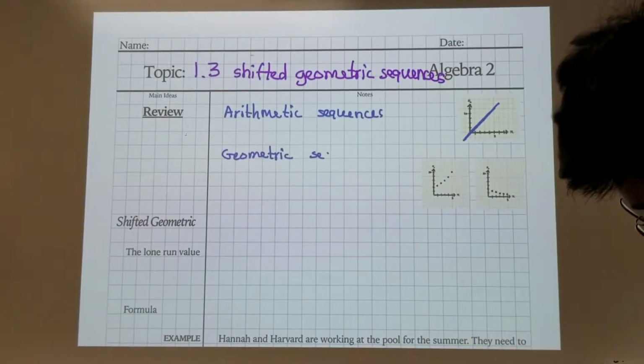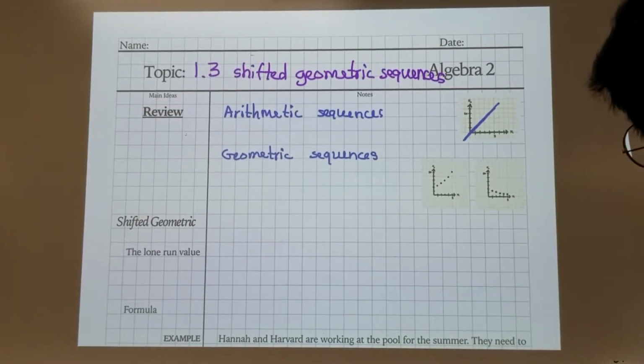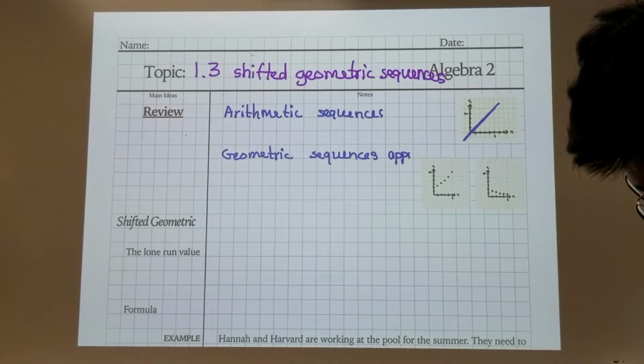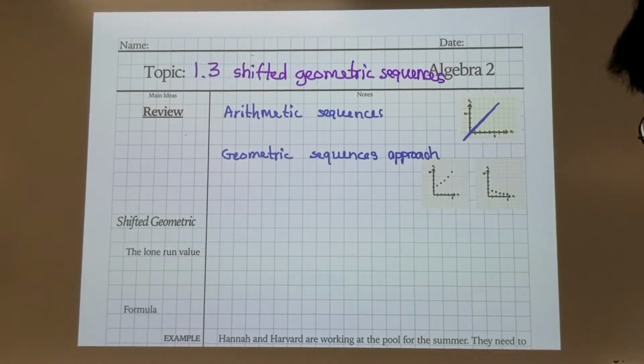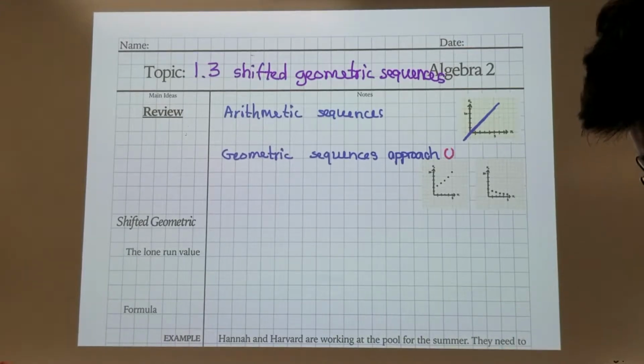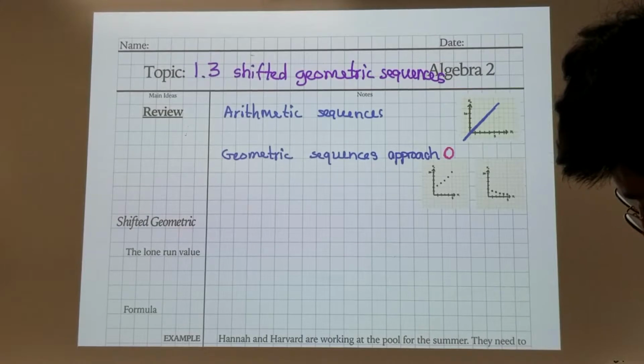Geometric sequences are always approaching 0. They do go on forever, but they don't hit all the values. Oh, they never will get negative. Yeah.